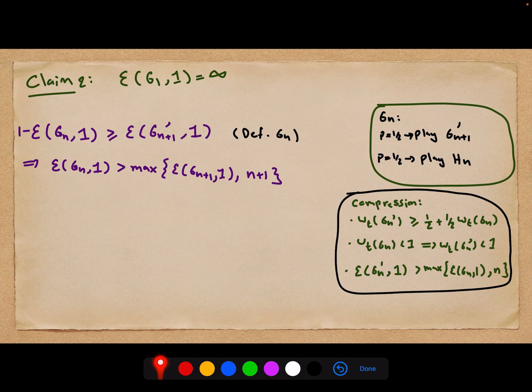This is true for every n, and we can recursively lower bound each of these to obtain that the entanglement requirement for the first game, or in fact any of the games in the family, to win perfectly, is lower bounded by the maximum of the entanglement requirement for the nth game and n, for every n.